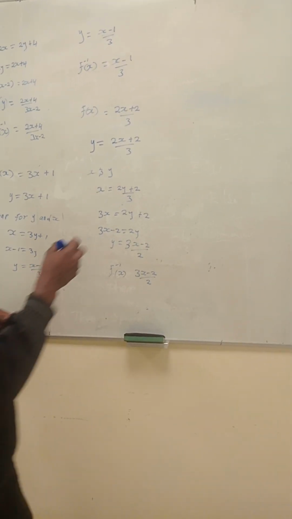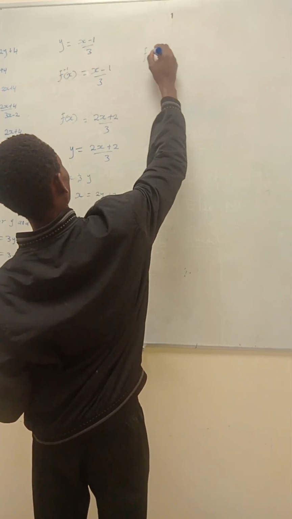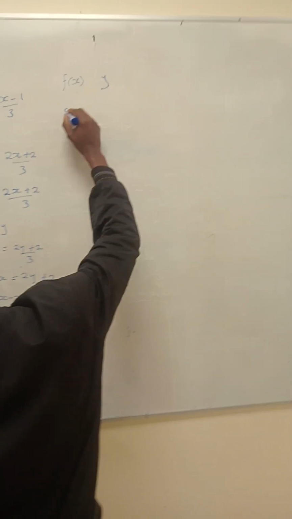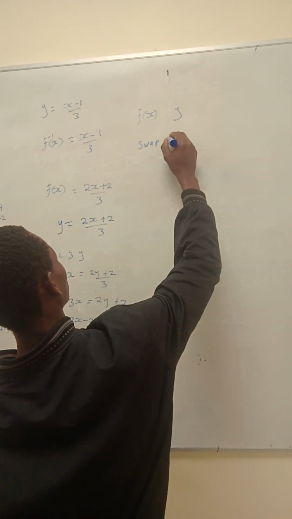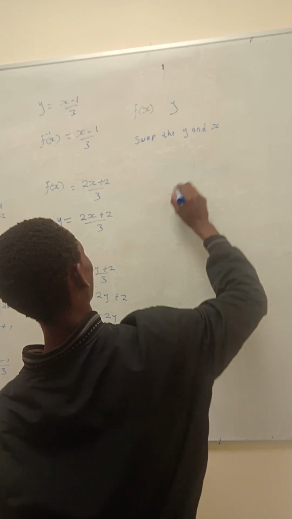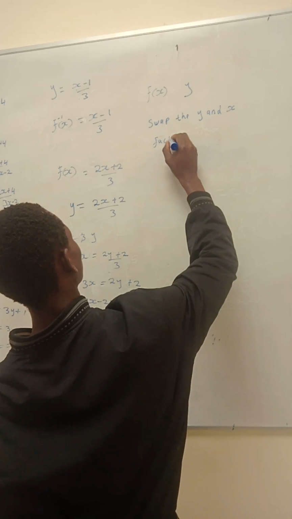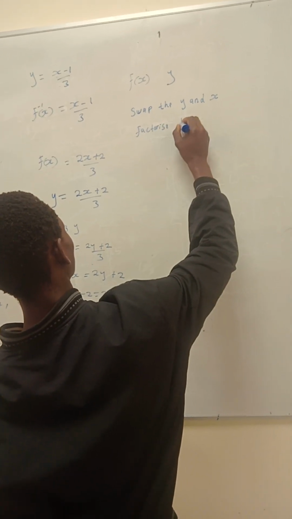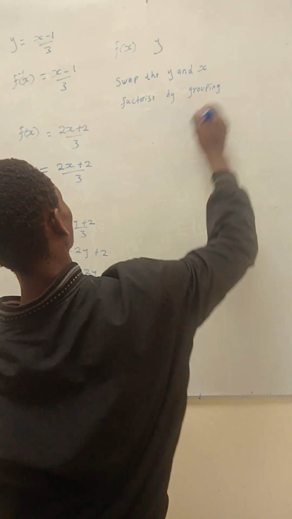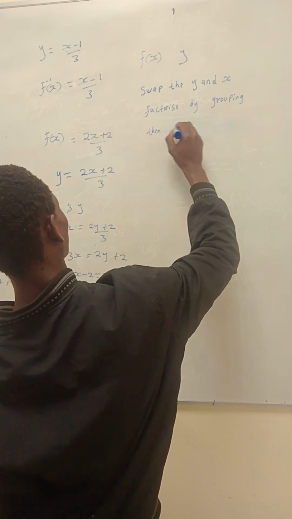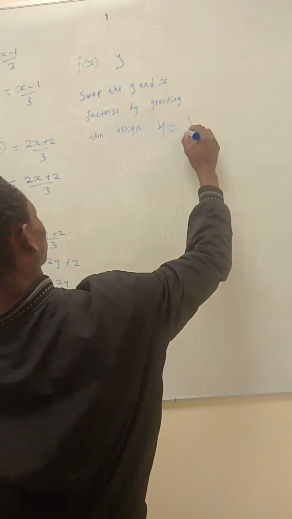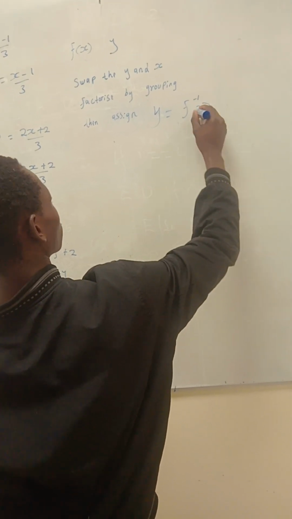In summary, for f of x, replace with y. Second step, swap the y and x, then factorize by grouping, then assign y the inverse function.